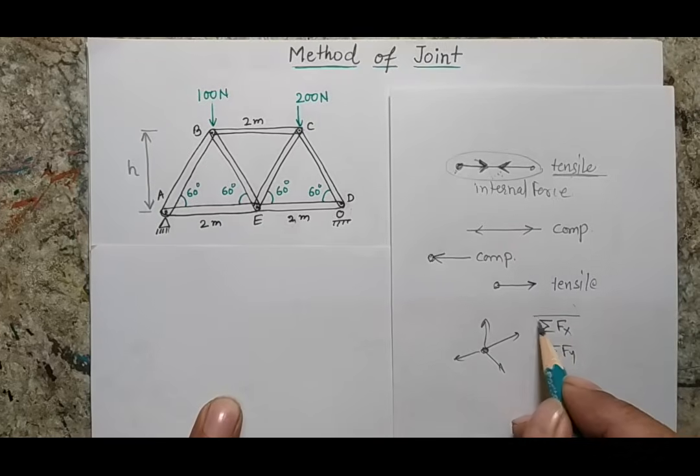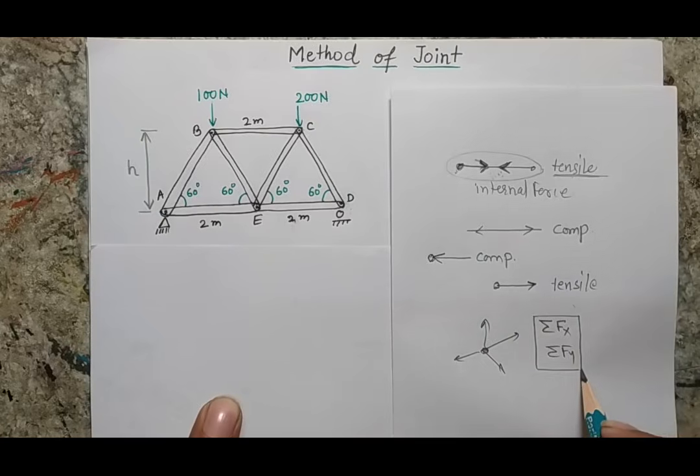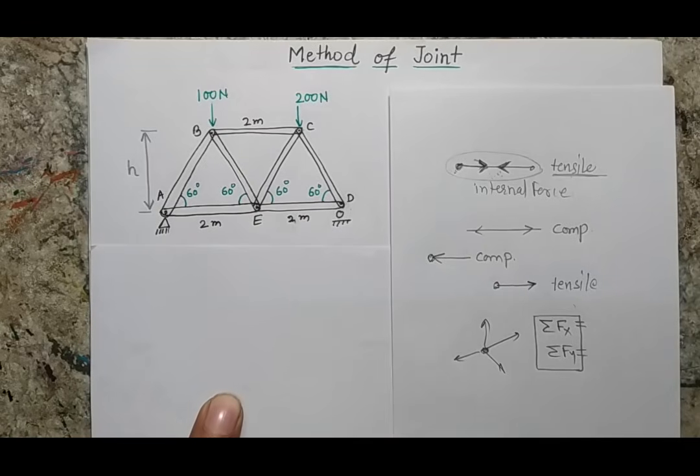So we have two equations and a maximum of two unknowns can be solved. Therefore, whenever we start solving a truss problem, it is very important to start with a joint where we have a maximum of two unknowns.